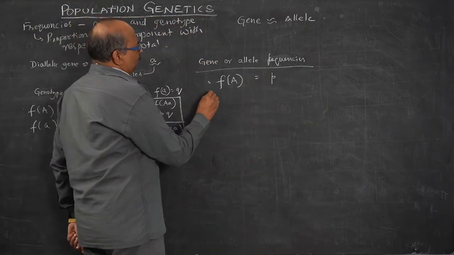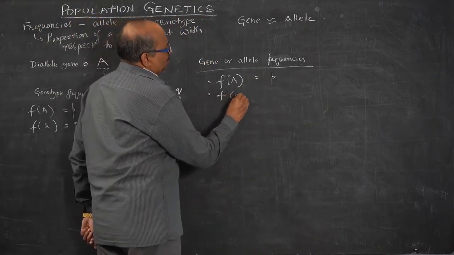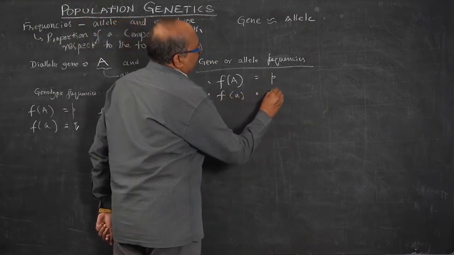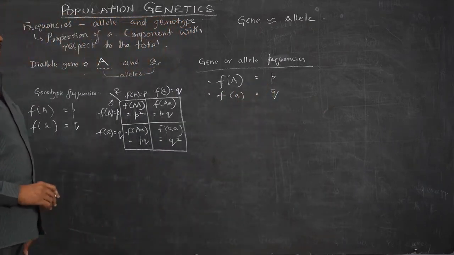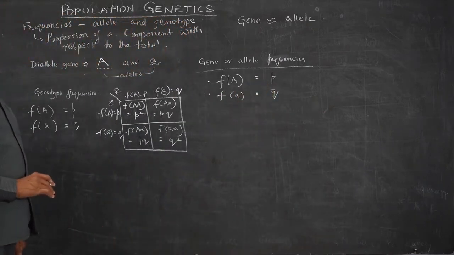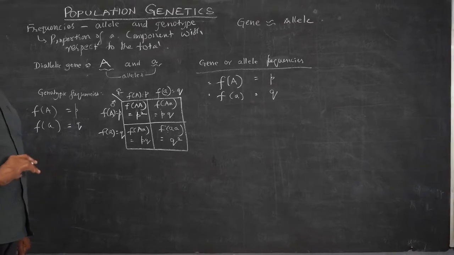Whereas for the recessive one, we gave it as small q. So the dominant allele frequency is small p, the recessive allele frequency is small q.